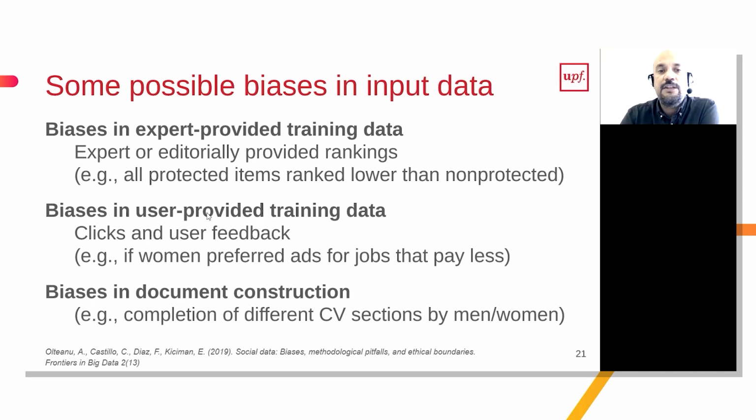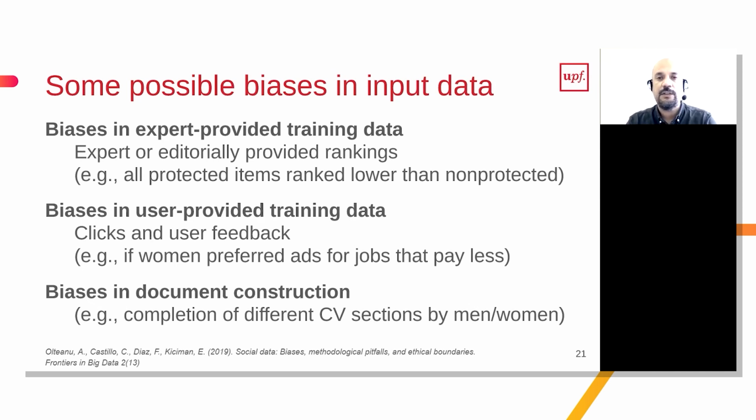There also can be bias in user-provided training data. And this is more tricky to manage. So for instance, what do you do if the users of your system have some biases? For instance, in the case of Airbnb, some years ago, it was shown that the amount of rent that a black landlord would charge per square meter was lower than the rent that a white landlord could charge per square meter.